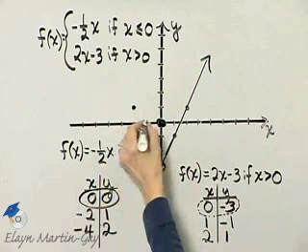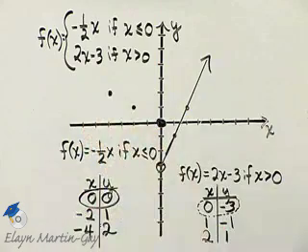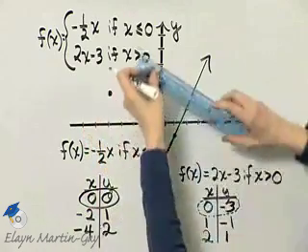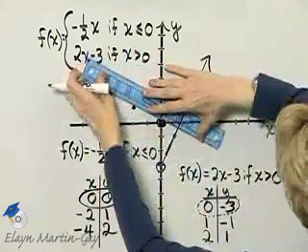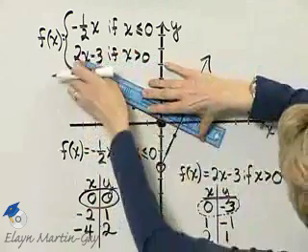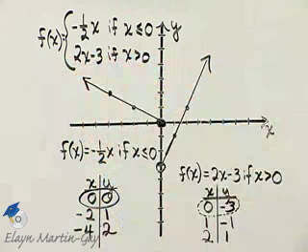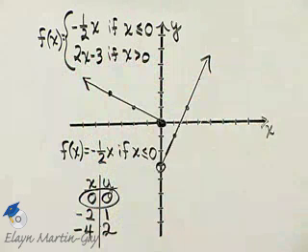And -4, 2. And that's the other piece of this piecewise defined function. Now notice, this does pass the vertical line test. This is a function. And I'm going to erase these pieces so you can see it a little bit better.